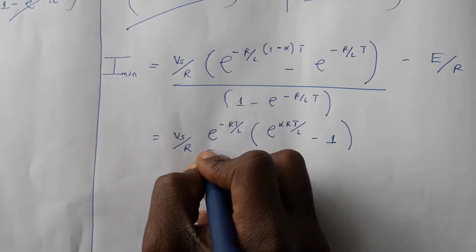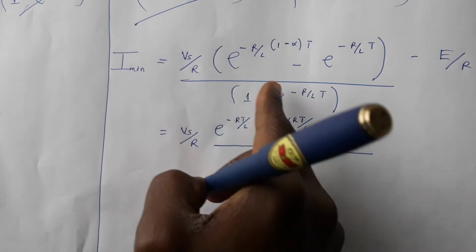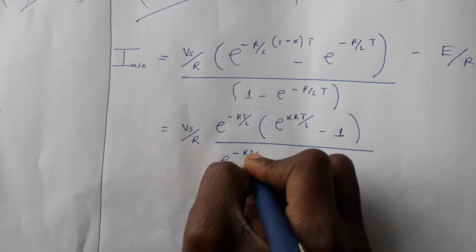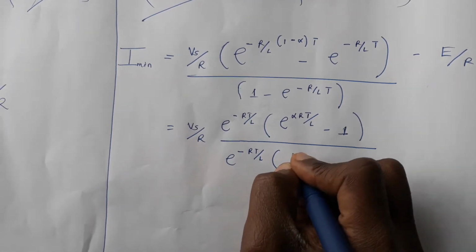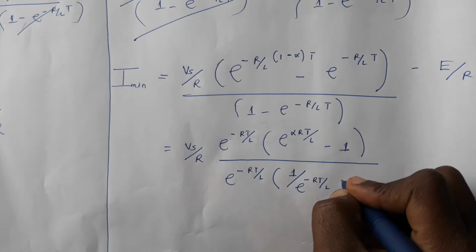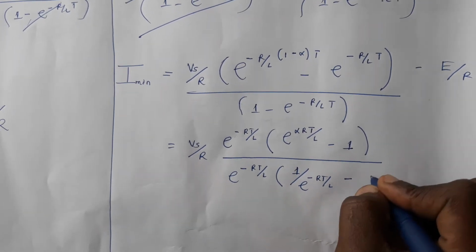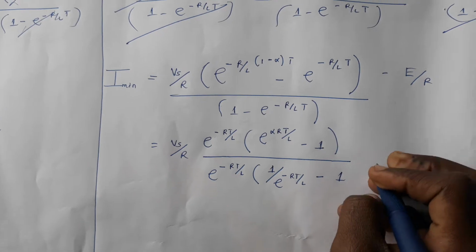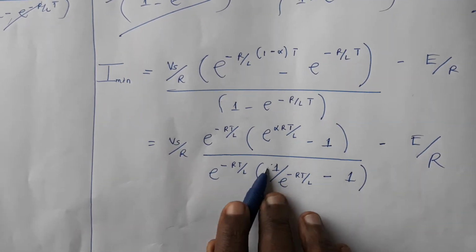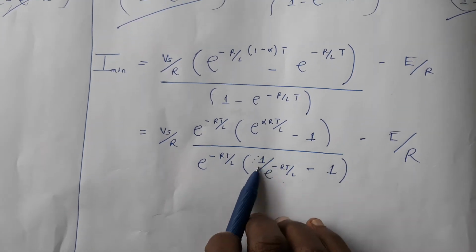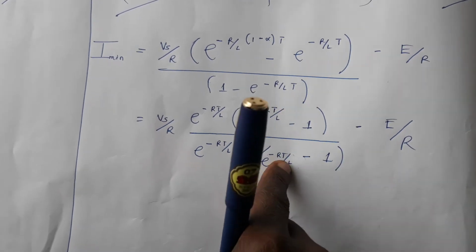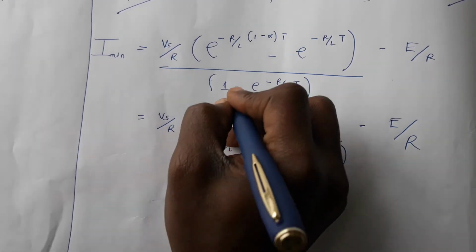Similarly, in the denominator we also factor out exponential minus R T over L, and whatever remains is 1 over exponential R T over L, minus 1, minus E over R. So this is nothing but a positive term, as 1 over exponential minus is the same as exponential positive R T over L. So first this will go.